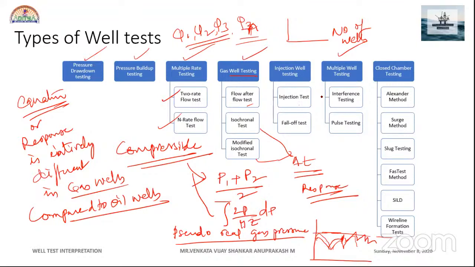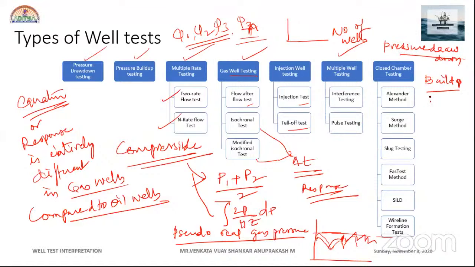What is the injection test? These are analogous to your drawdown and build-up. Fall-off is like a build-up, but what is the main difference?